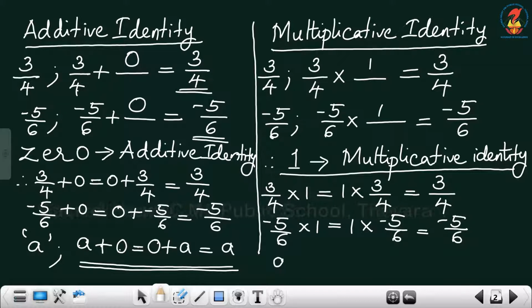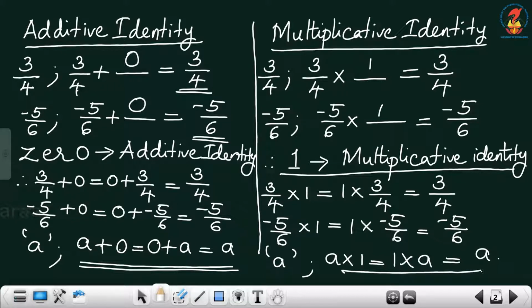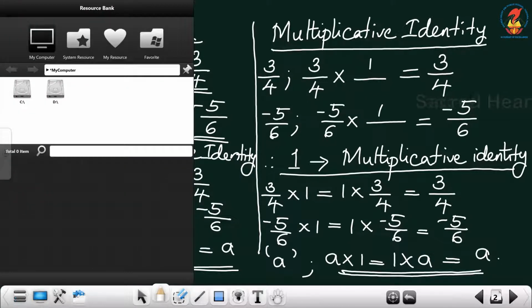In general, if you take a rational number as a, then a into 1 is same as 1 into a, which is equal to a itself. Therefore, the multiplicative identity for rational numbers is 1.